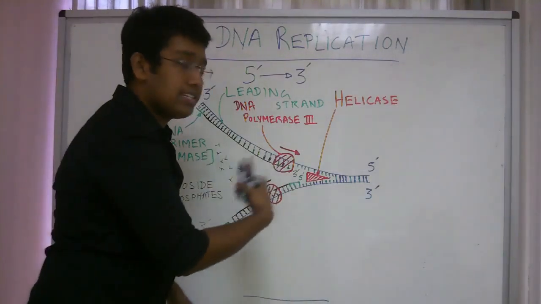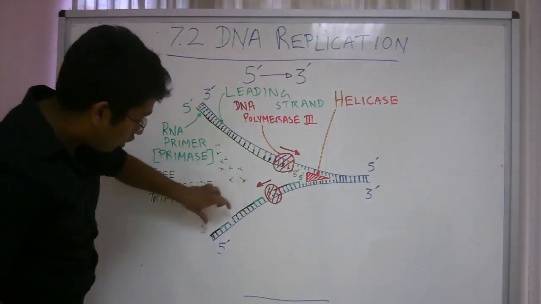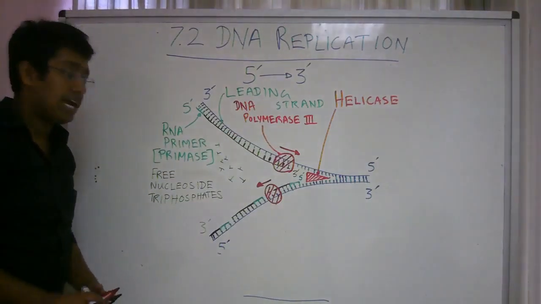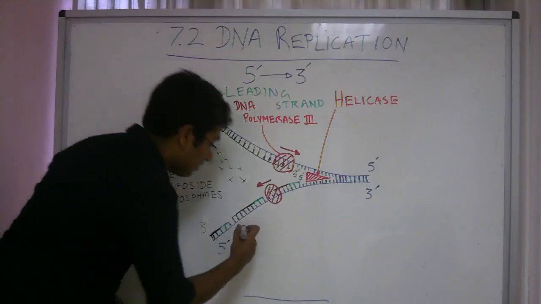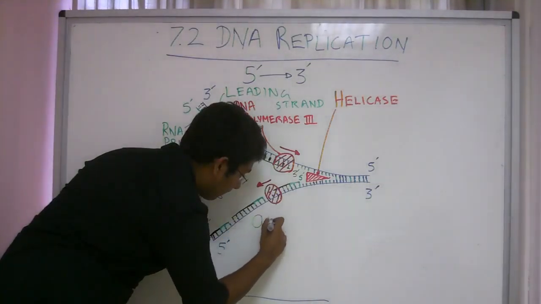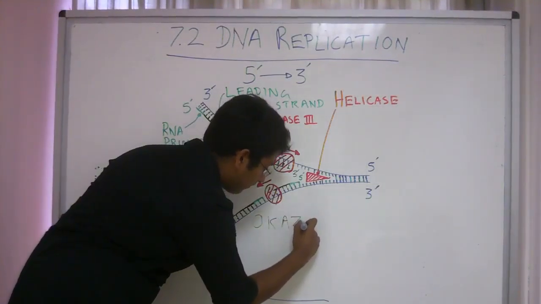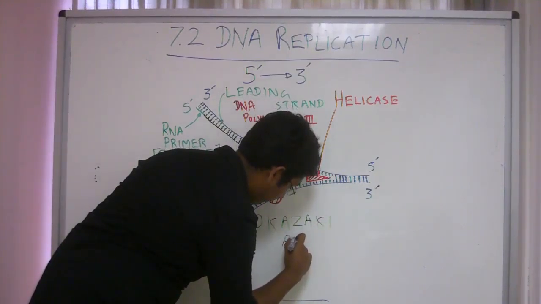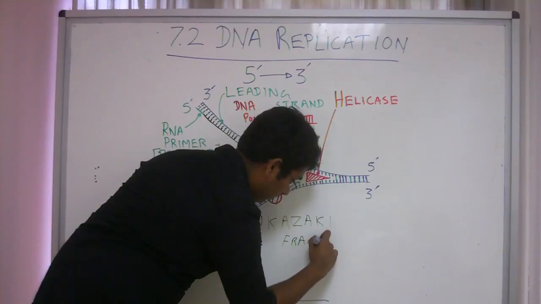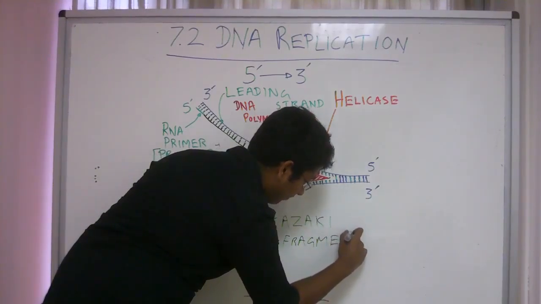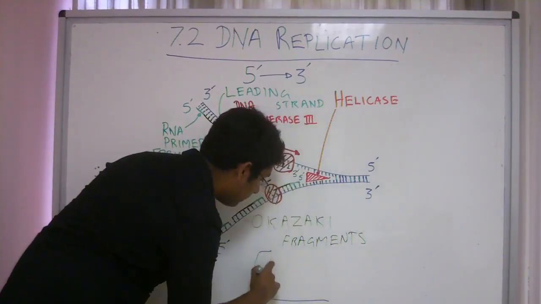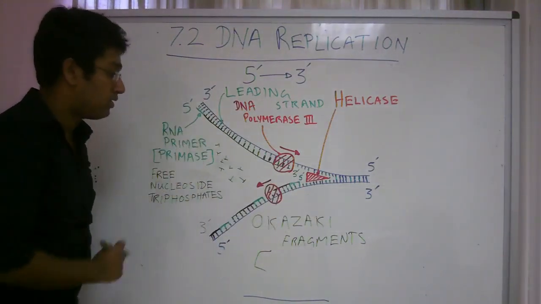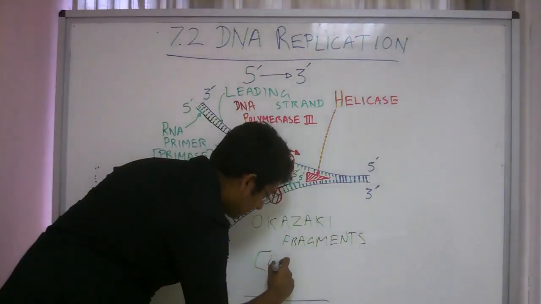This process repeats itself to produce short fragments of DNA known as Okazaki fragments. And this strand where replication happens in short bouts is known as the lagging strand.